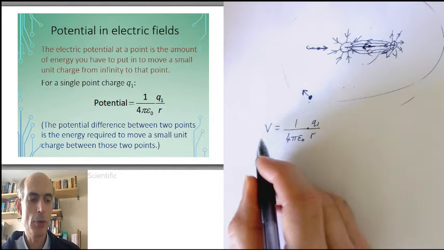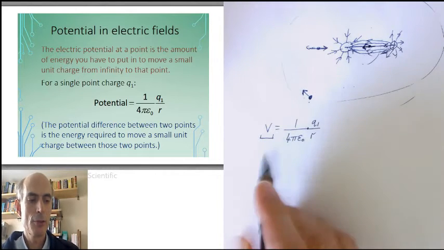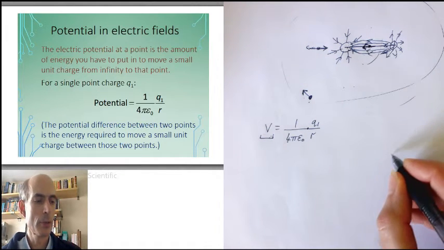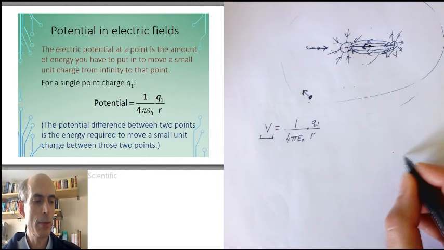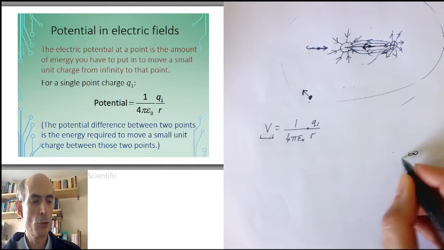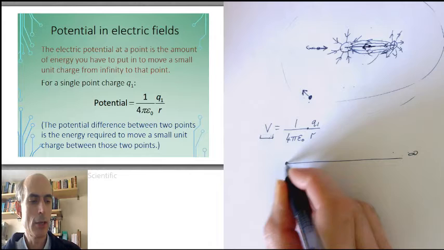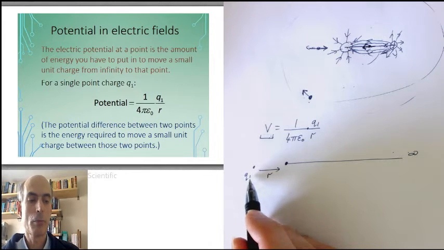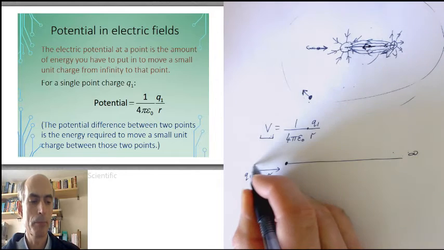Consider this potential here. This is the amount of energy that's required to move a unit charge from infinity to a particular point in the circuit here, a distance r away from a charge Q1.